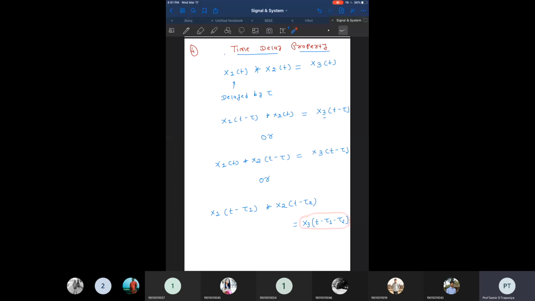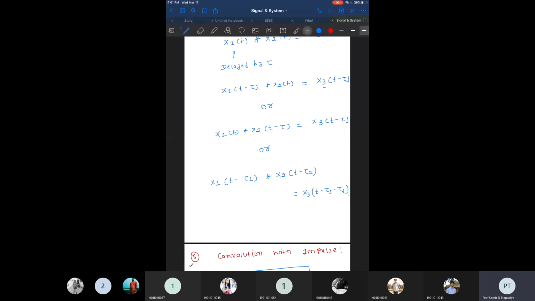And it is delayed by some amount tau 1 to give x1 of t, and x2 of t is again a rectangular signal of t, right? So if x1 of t is convolved with x2 of t, we have x3 of t. This is, suppose, the triangular function of t.